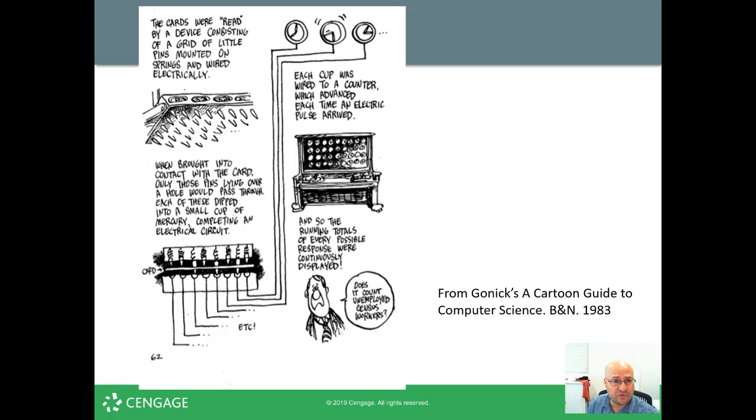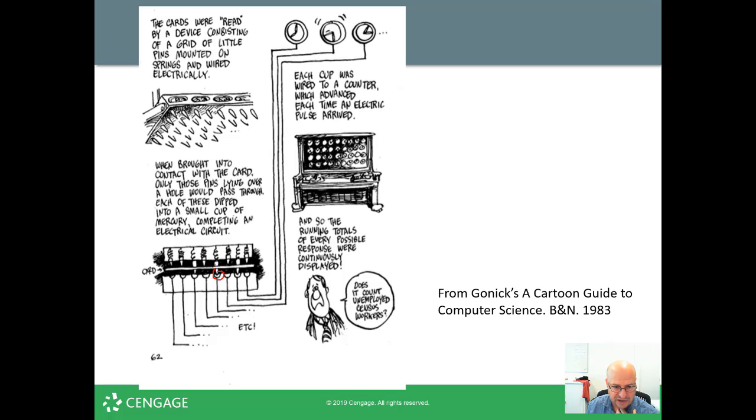And then these cards were read by a device consisting of a grid of little pins mounted on springs and wired electrically. As the cards passed through the machine, the pins that matched the holes would make a connection with an electric circuit.